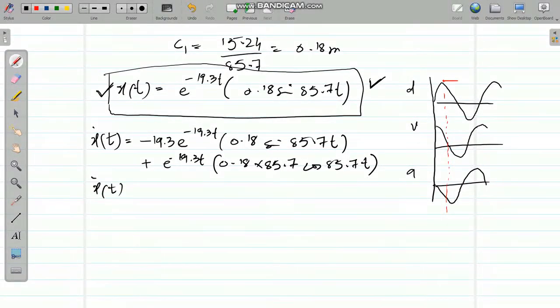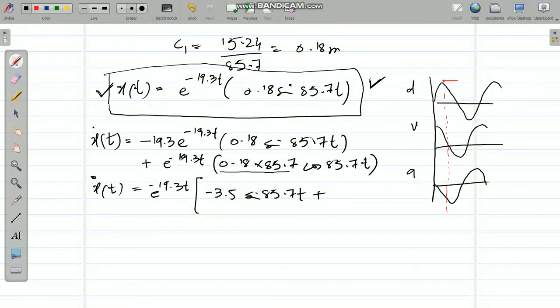Simplifying, since e to the minus 19.3 t is common, 19.3 multiplied by 0.18 gives minus 3.5 sine of 85.7 t, plus 0.18 times 85.7 gives 15.4 cos of 85.7 t.